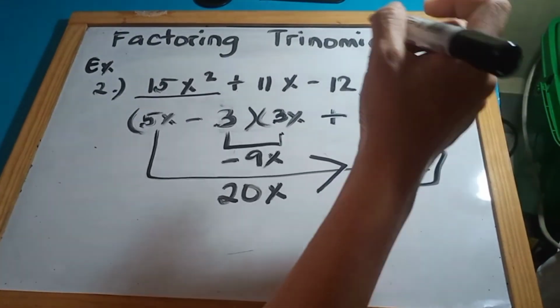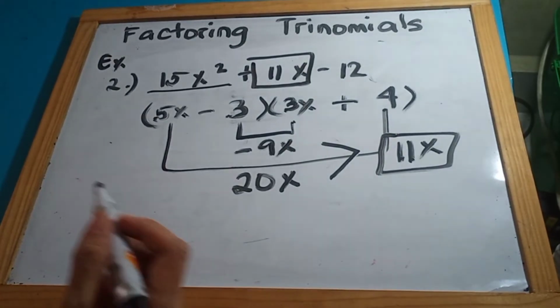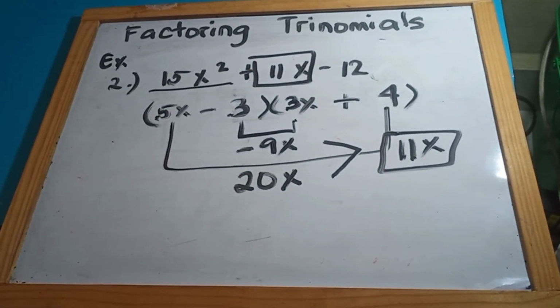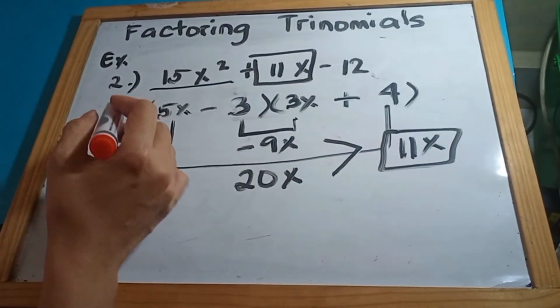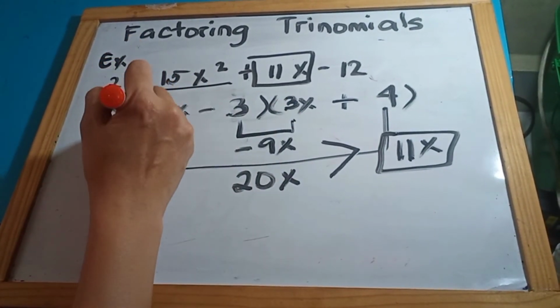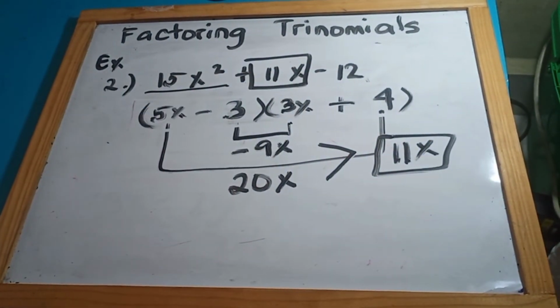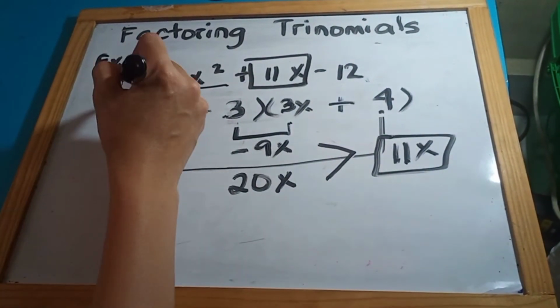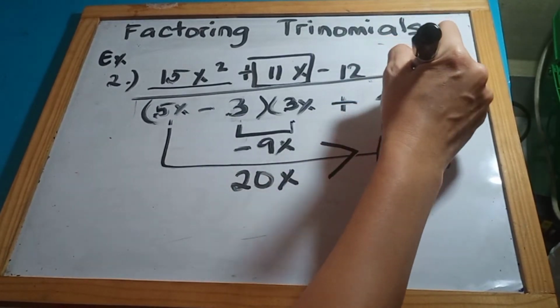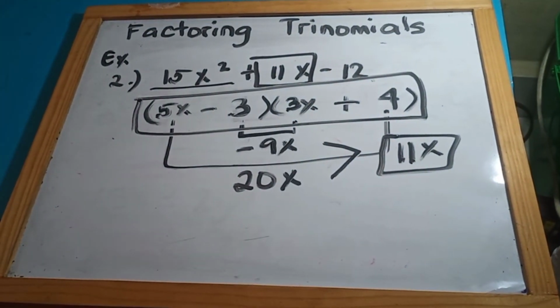So, 11x and 11x yung middle term natin dito. Therefore, our factor is correct. 5x minus 3 times 3x plus 4. So, this is our factor sa ating given trinomial.